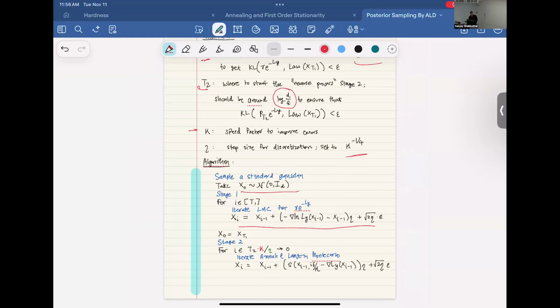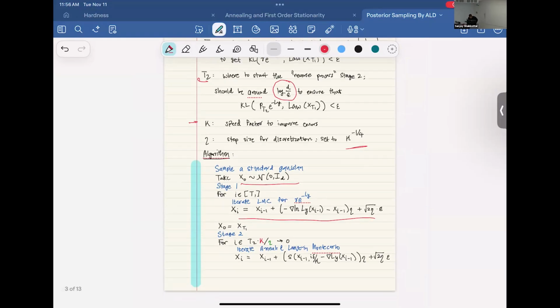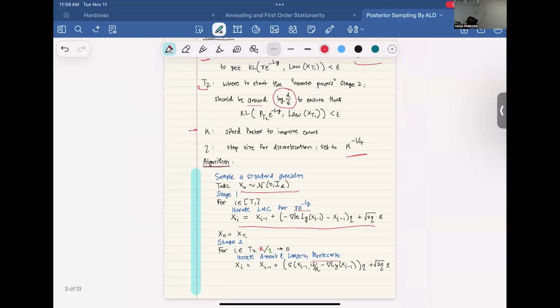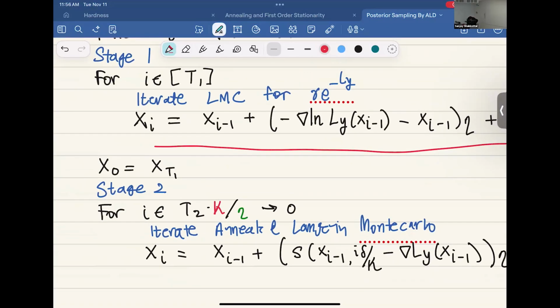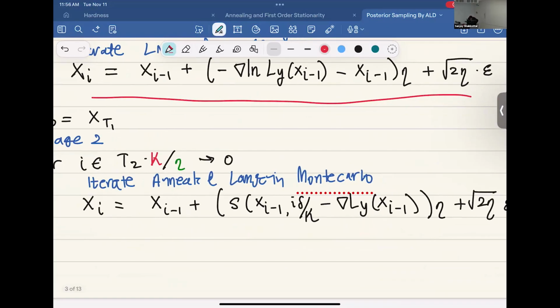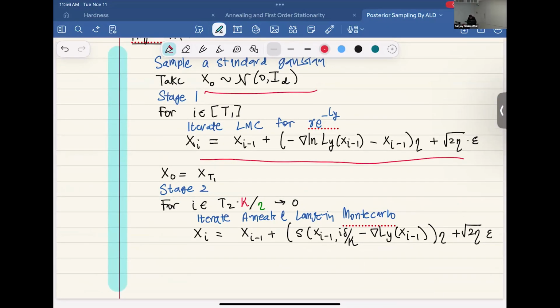This is just Langevin dynamics for gamma e to the -Ly, and then the main thing with the annealed Langevin is you go from t2 kappa over eta down to 0 now.